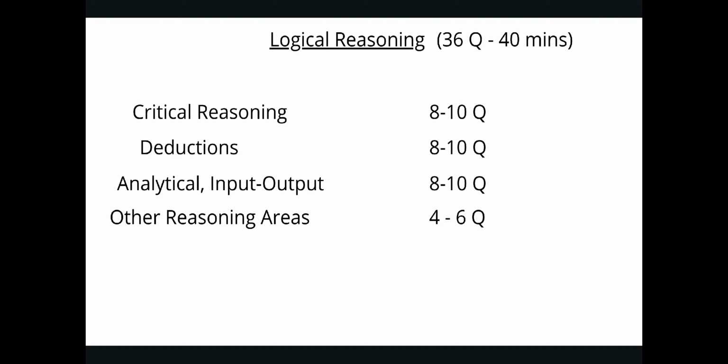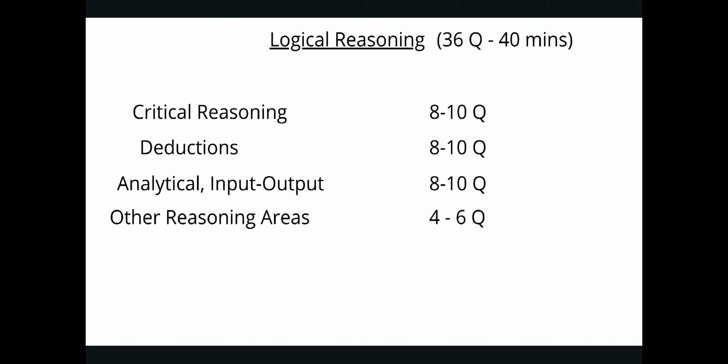And moving on to deductions, the remaining areas like the statement conclusions, the course of action, the statement arguments, the analysis, the factual analysis. So these 4 to 5 areas come under deductions, correct.